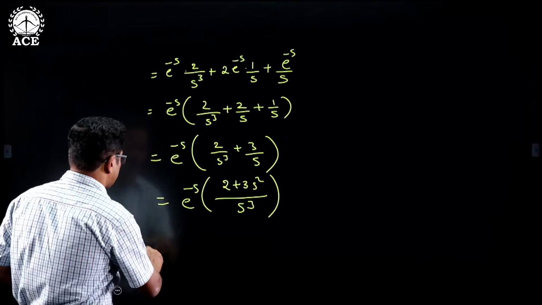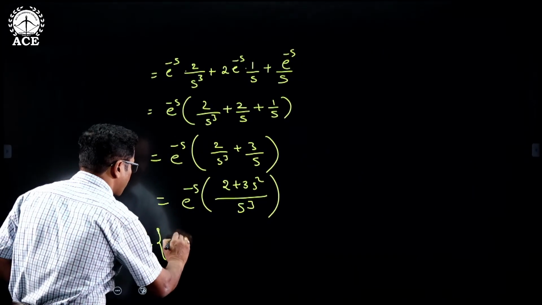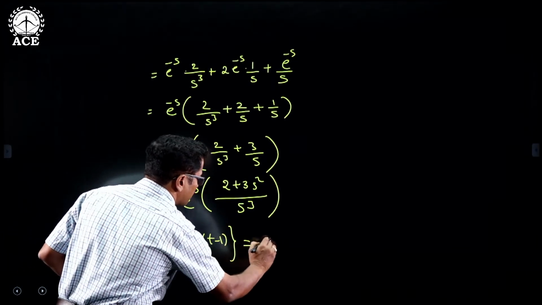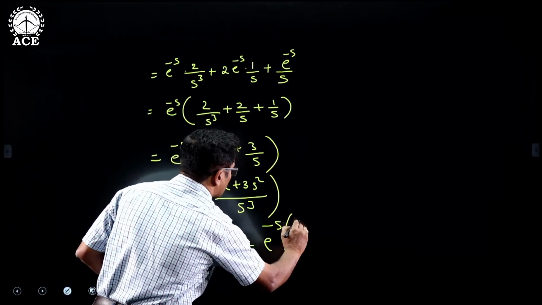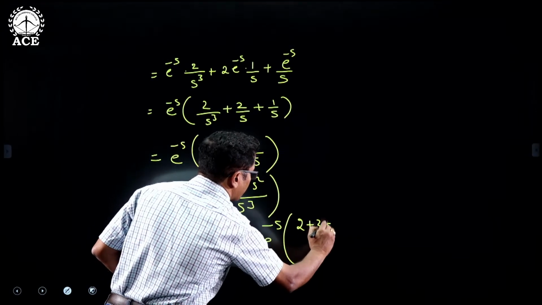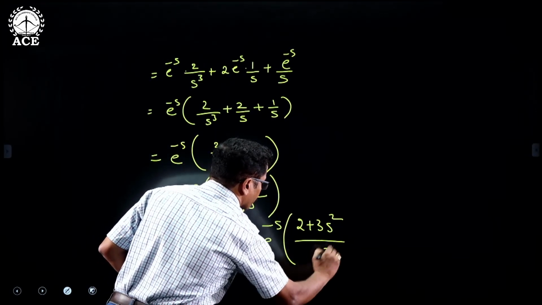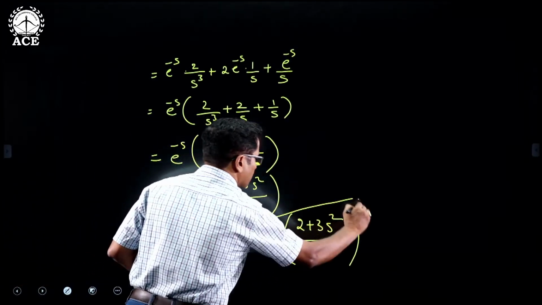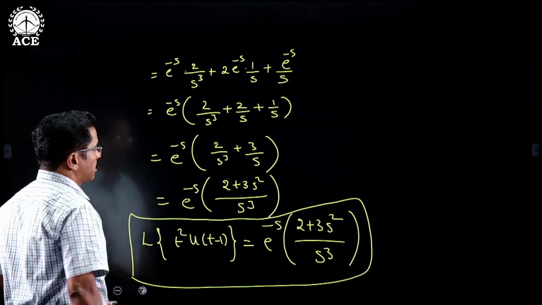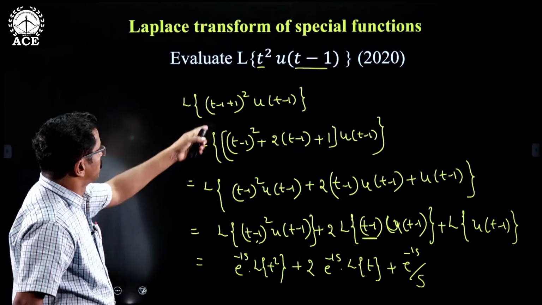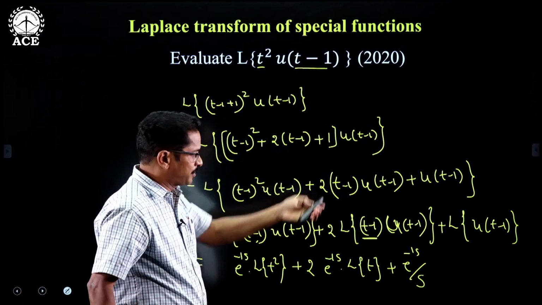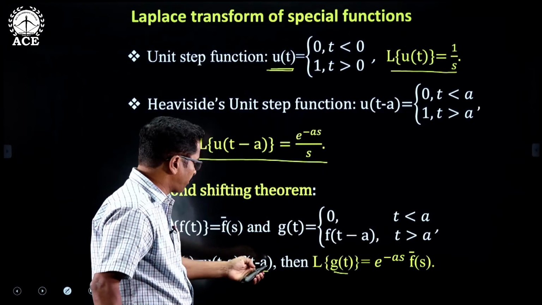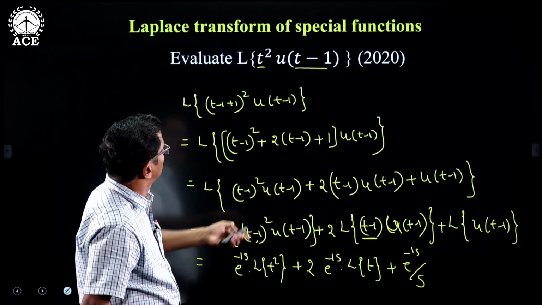Okay, Laplace transform of t square into u of t minus 1 is equals to e power minus s into 2 plus 3s square by s cube. So t square u of t minus 1, I am just converting into u of t minus a into f of t minus a form.